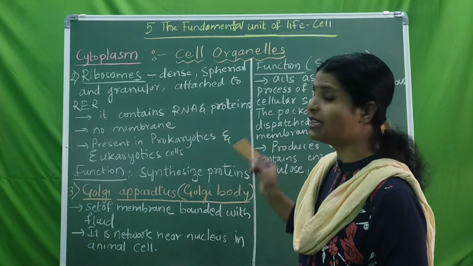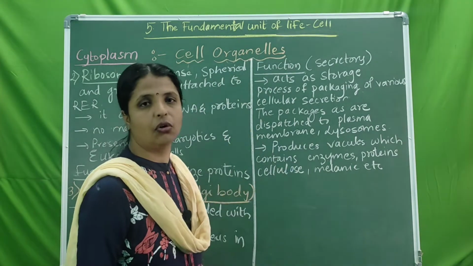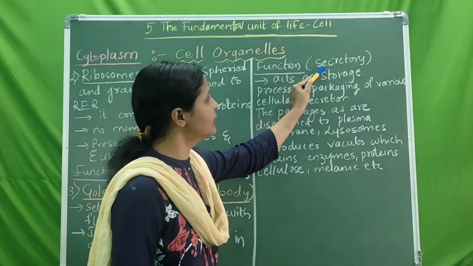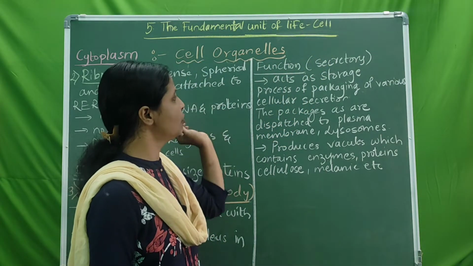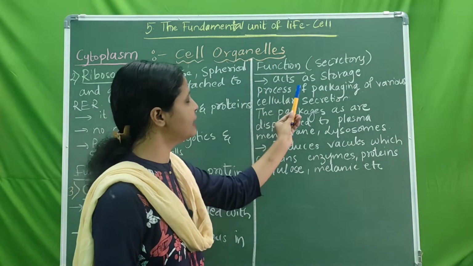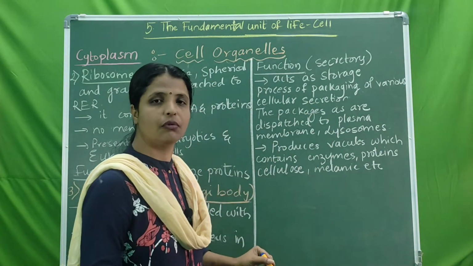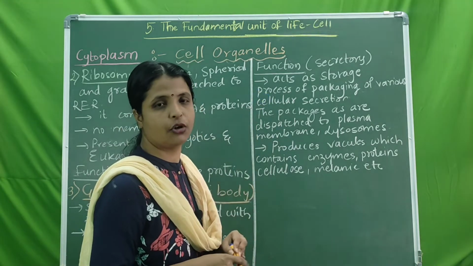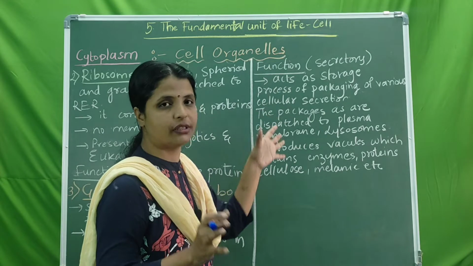Now let's see what the functions of the Golgi apparatus are. First thing, the main function here is that it is a secretory organ. It secretes. So first let's see what it does. It acts as a storage and packaging process for various cellular secretions. So whatever is secreted in the cell, it acts as storage, like a storage bag, and also helps in the packaging.